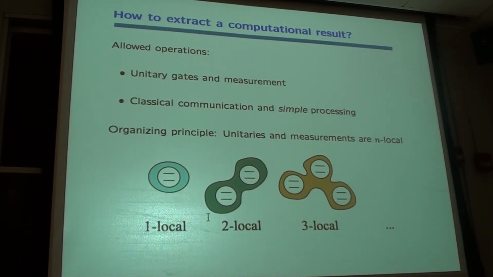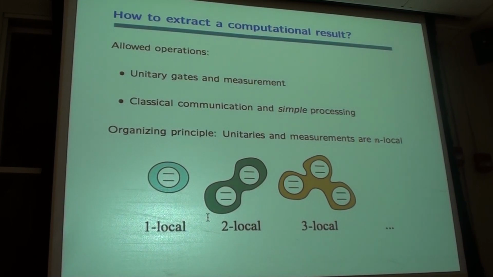But in such a scenario, we must make sure that the operations by themselves don't have a lot of computational power. Because if they had a lot of power, then the power of the scheme would not be attributed to the state, but rather to those operations. So we will supplement the state by very simple operations.